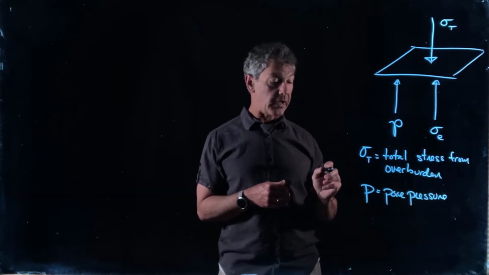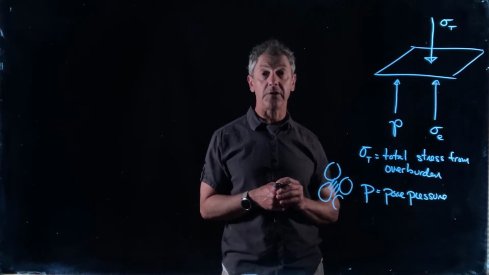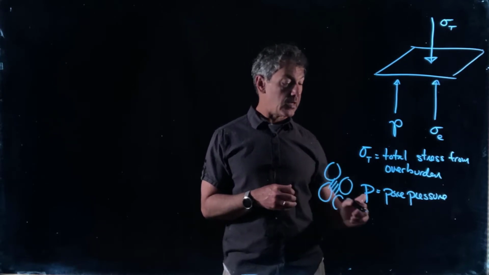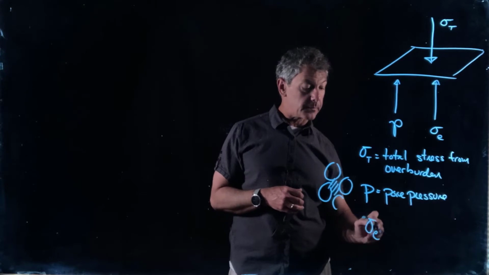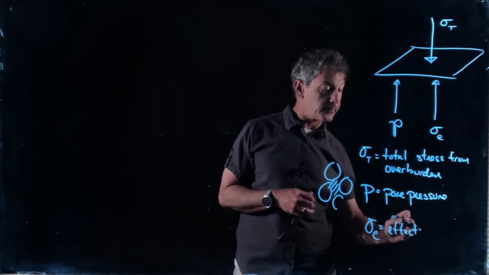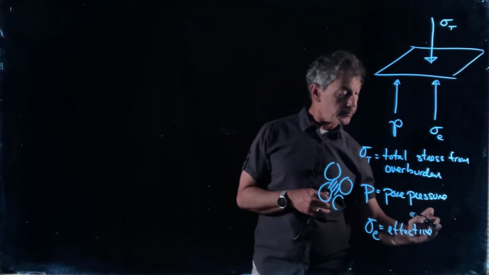So if we have some grains of sand, the pore pressure is the fluid that's in those pores, and it's holding those grains apart. The effective stress is the stress of all these grains pushing against one another.